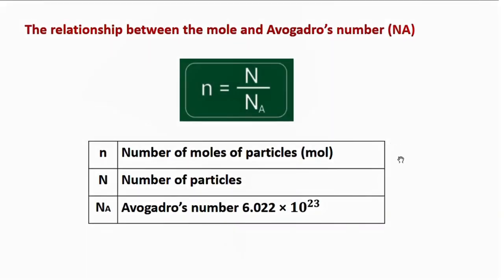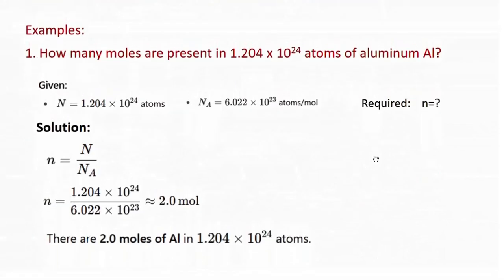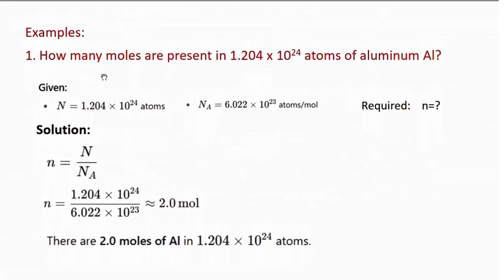Let's move on to the exercises. Example 1. How many moles are present in 1.204 times 10 to 24 atoms of aluminum? The question is to calculate the number of moles, as you see. The given information is the number of atoms and Avogadro's number, and the required information is the number of moles.